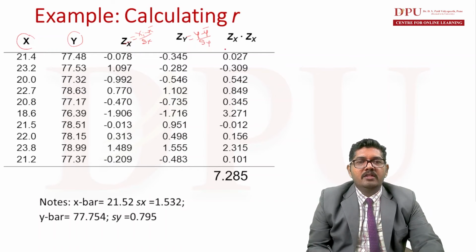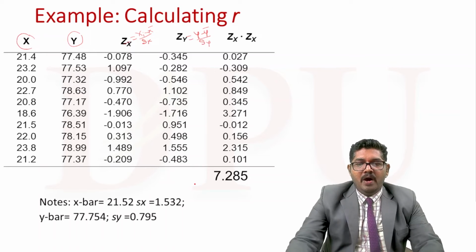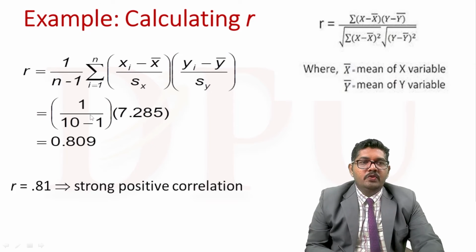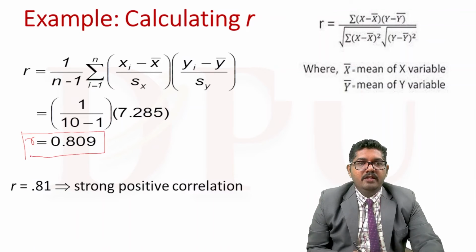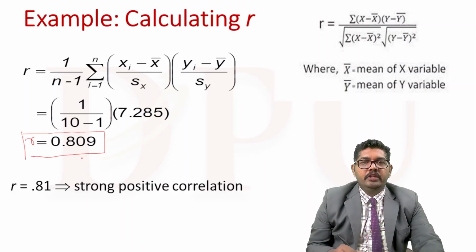Y bar is the mean of y. So directly we can calculate zx multiplied by zy, and from this we can calculate the value of r. The value of r is equal to 1 upon n minus 1 summation of xi minus x bar divided by sx multiplied by yi minus y bar divided by sy. By putting all these values we get R is equal to 0.809. Now from this we can say that there is a strong positive correlation between these two variables.